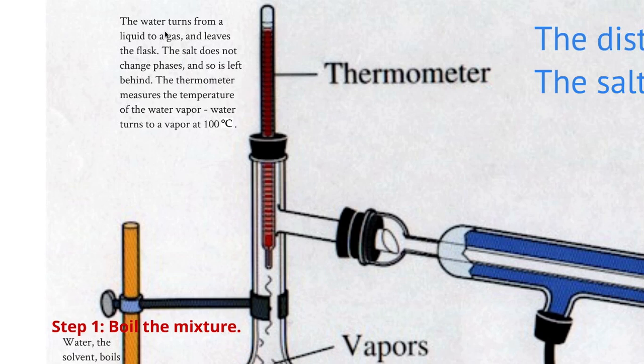Remember, water boiling at 100 degrees Celsius just means it's turning from a liquid to a gas, water vapor. The salt does not change phases. The salt remains a solid, and so it is left behind. Now the thermometer measures the temperature of the water vapor, and it's 100 degrees Celsius because that's the temperature where the water is going to evaporate.